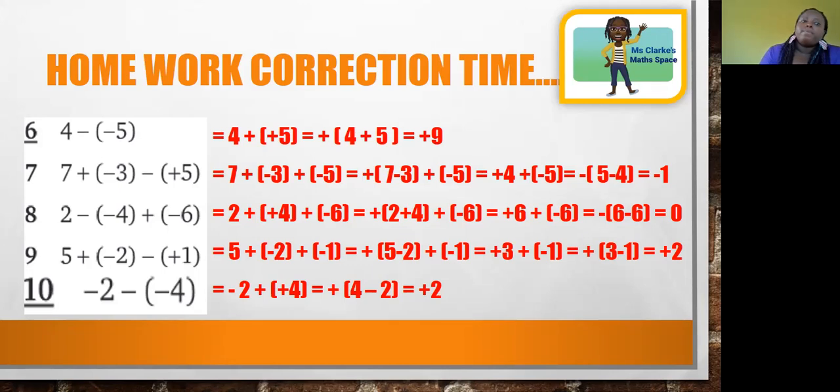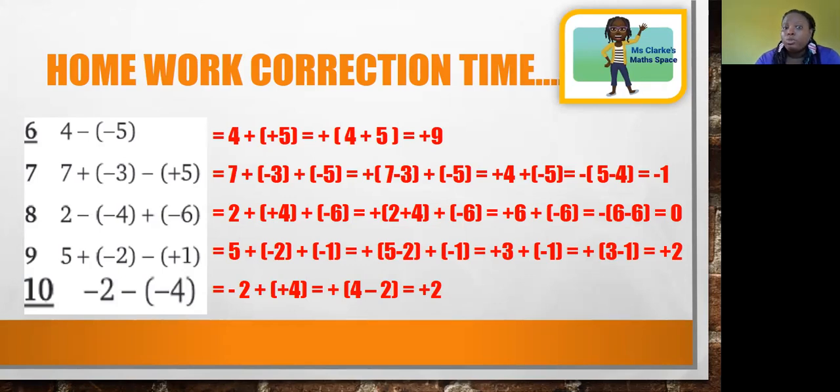All right. Question 8. We have 2 take away -4 plus -6. So we're working on the first two. We have 2 take away -4. The first thing we need to do is change that subtraction sign to a plus sign. And what is in brackets, -4, we find the additive inverse of that, which becomes +4.